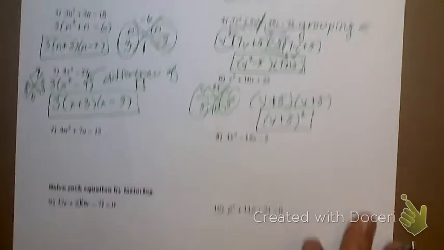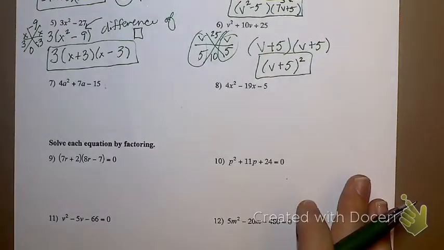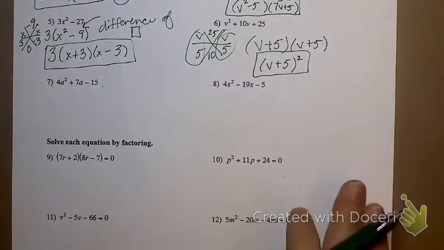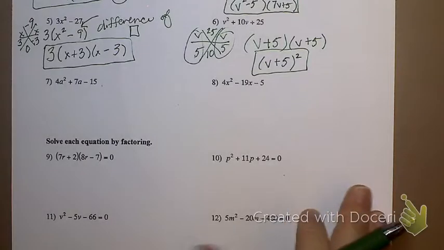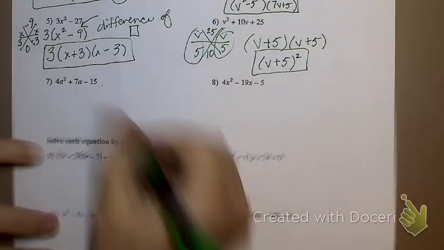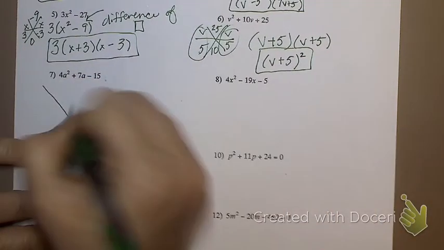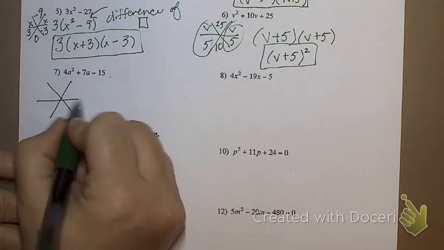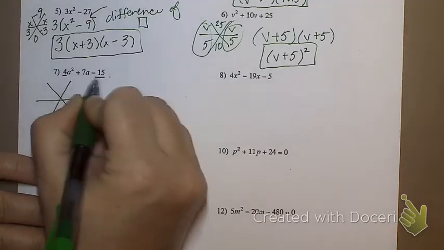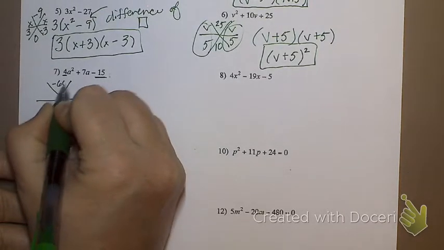All right, number 7. Do they have something in common? Anything? Nope. So I just go to my snowflake. All right, what goes on the top of my snowflake? Negative 60? 4 times negative 15, which is negative 60.